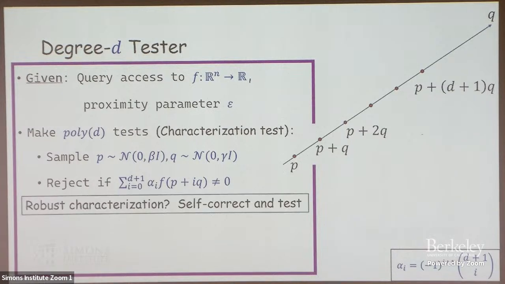And then the question is, is this robust? If it's robust, then we are done. It's not robust with regard to an unknown distribution, for sure. Is it robust against the normal distribution? I don't know. So let's use another approach, self-correct and test.